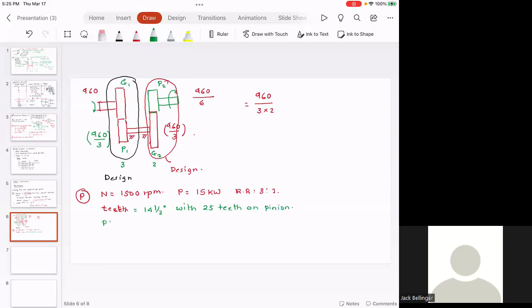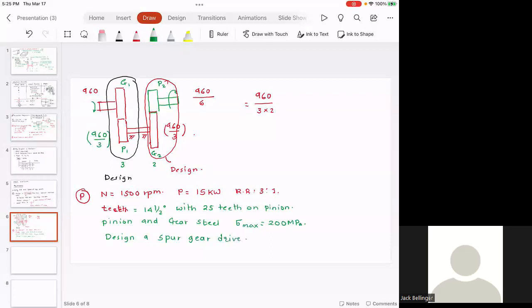Pinion and gear are made of steel with maximum stress 200 megapascals. Design a spur gear drive.